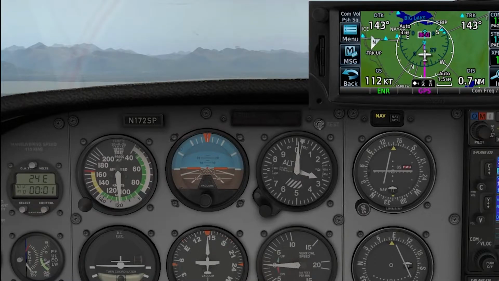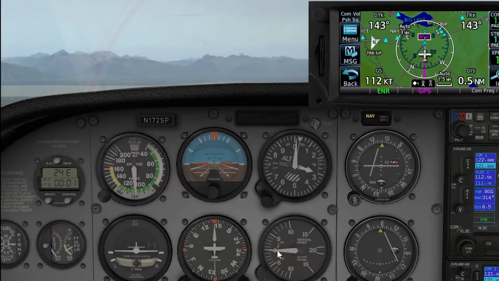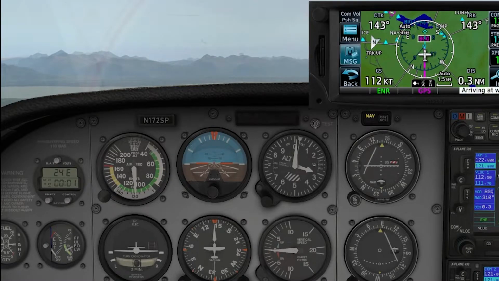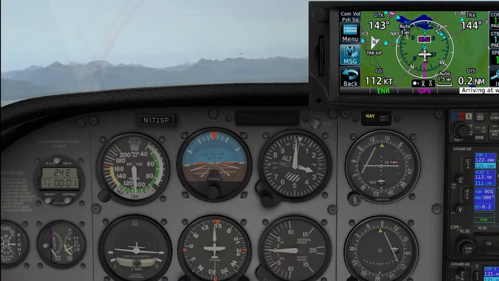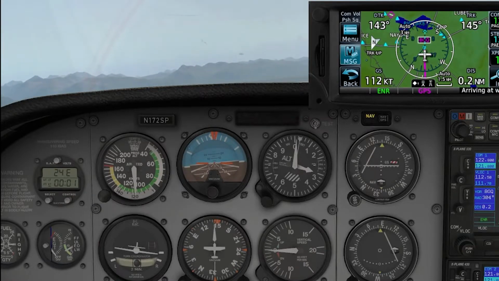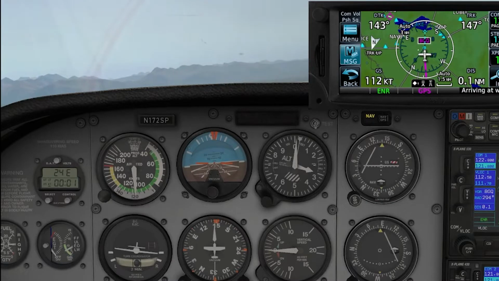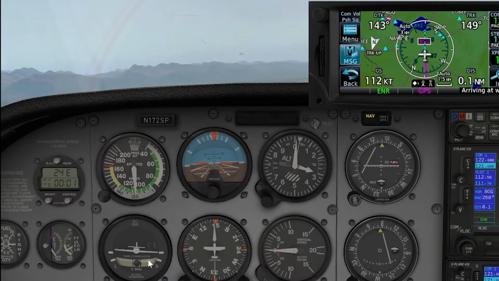So as we get closer, 0.7, we could theoretically start half a mile out. It's not a bad rule of thumb, just so you don't overshoot or undershoot. So we can go ahead and start that 150. Right about now. Go over the Big Lake VOR, and we're going to go outbound for 1 minute.